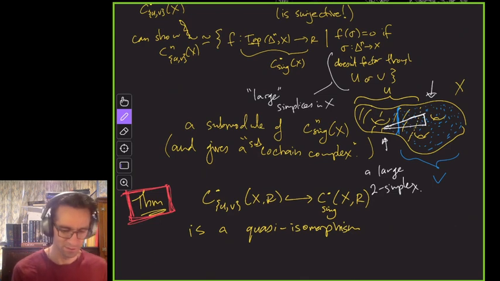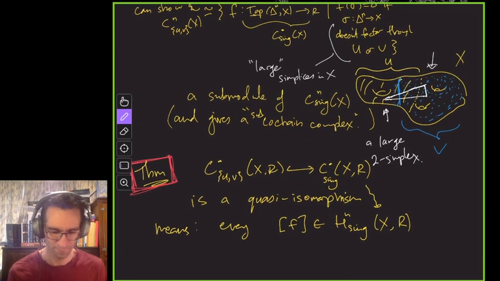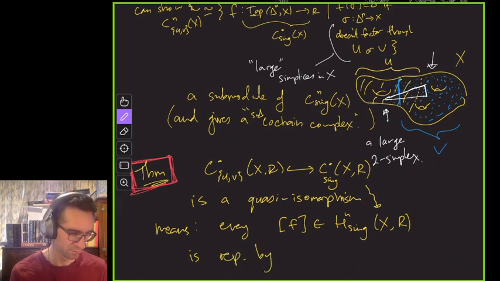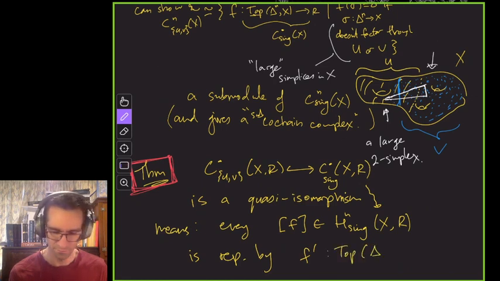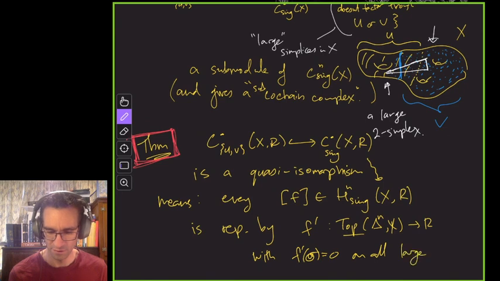So what does it mean? Every element in this singular cohomology, so the cohomology coming from topological cochains here, is some function on all large simplices sigma.